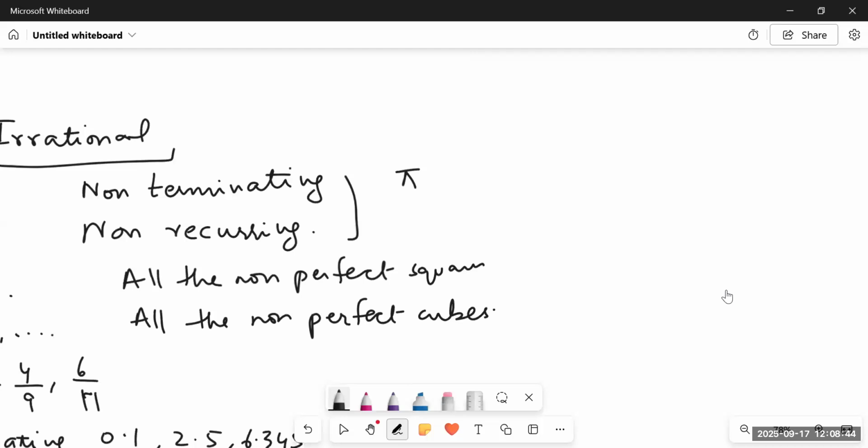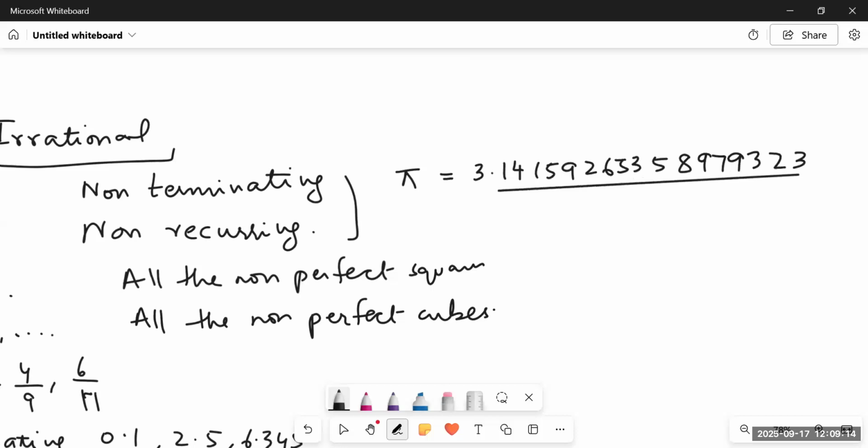The value of pi is 3.14159265358979323. You will find that none of the numbers are repeating themselves. We have no pattern in that. Therefore, this is an irrational number.